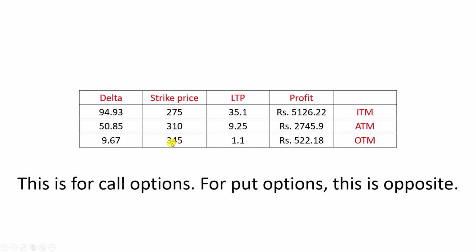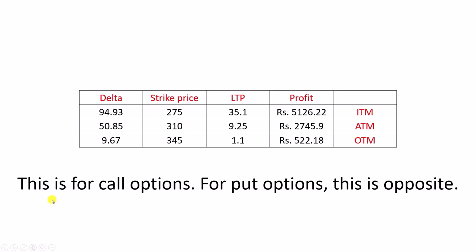If I buy this strike price thinking that it is available at a cheap price, then the profit that I am going to make is also very less. Whereas if I am ready to pay more for this strike price, my profit will also be more. Okay. So this is how you can make a decision on what strike price to select.